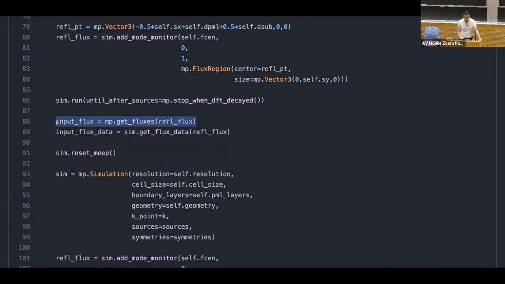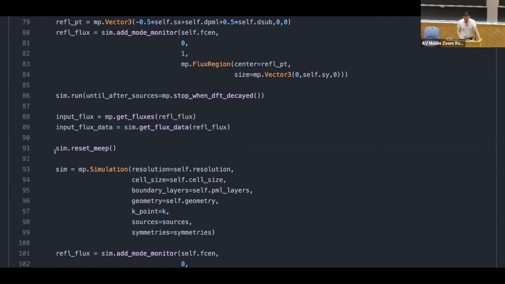One is I actually save the flux values, and these are going to be used for the diffraction efficiency. But I also store the data because when I do the grating calculation, I need to subtract out the Fourier transform fields when we do the real run, because we don't want to have the incident source field be part of the Fourier transform reflected fields.